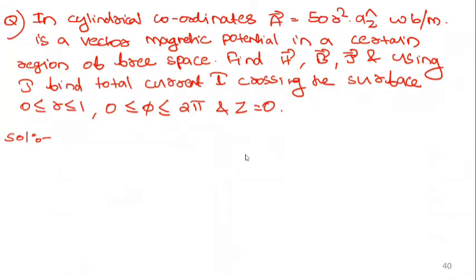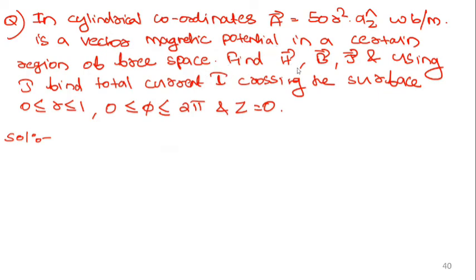So we have a question with respect to vector magnetic potential. You should identify that it is a vector magnetic potential from the unit Weber per meter or from the symbol. In cylindrical coordinates, we are given a vector magnetic potential A in a certain region of free space: A is 50 r square into A z.